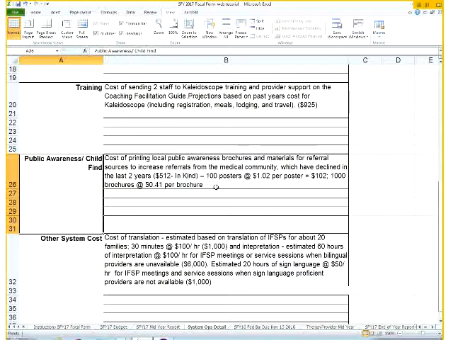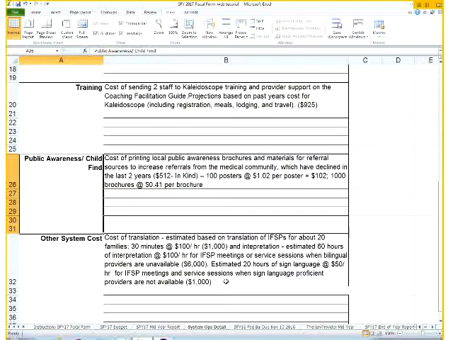We also see in this system detail that this system is targeting the medical community because they have seen a decline in referrals for the medical community in the last 2 years. So under public awareness and child find, what we would like to see is what are your costs associated with the materials related to distributing information about your program, and also who are you targeting with your child find activities.